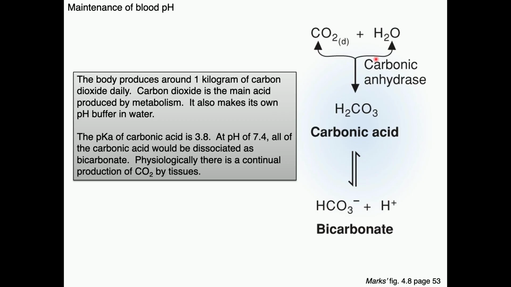All right, so the maintenance of blood pH. Why do we have to maintain blood pH? Because we are always producing carbon dioxide through respiration, right? The TCA cycle is making a continuous supply of carbon dioxide, and if that built up, that would acidify our blood, and none of our enzymes would function, and we'd die, right?